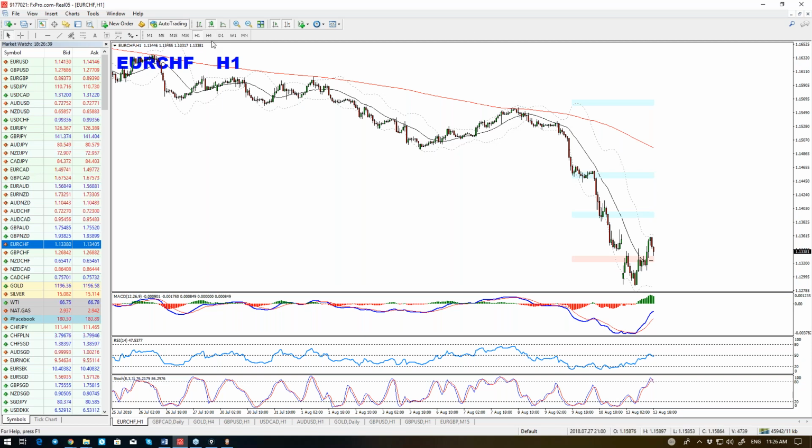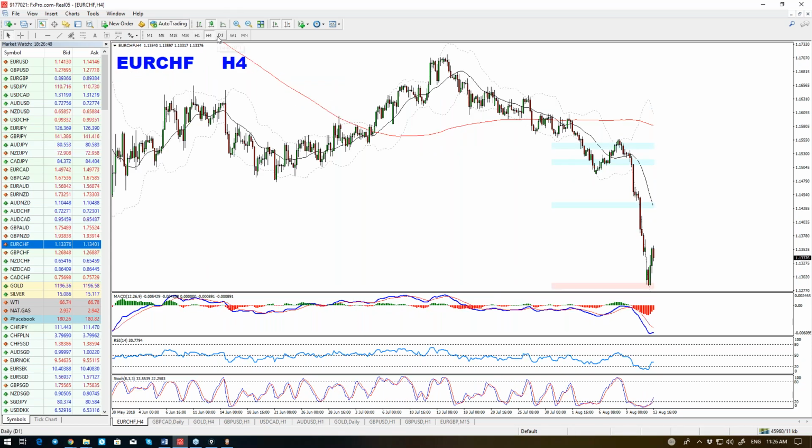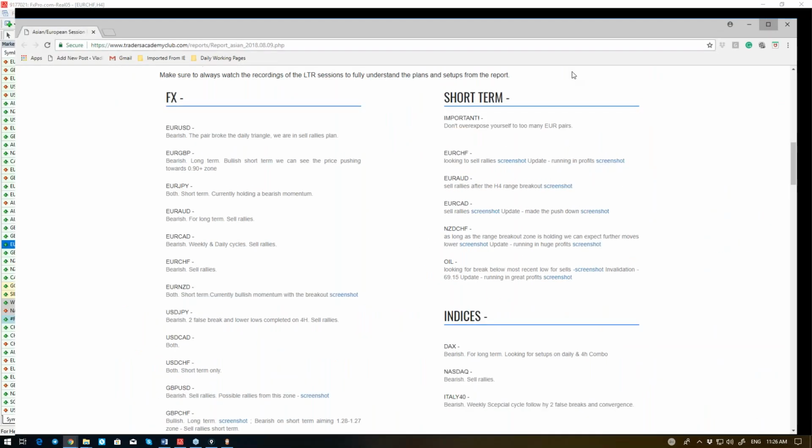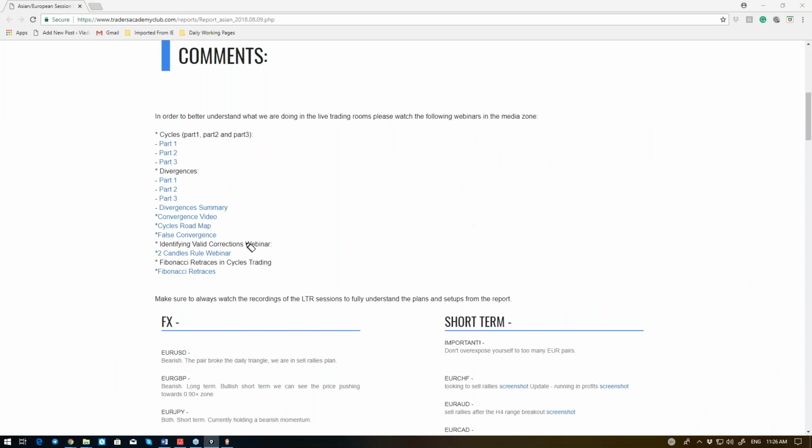Well, with a bearish confirmation, of course, bearish hidden two waves corrections, top of the range, all the beautiful patterns, right? According to the rules. As I said, all the webinars for you guys are here. The main part that you should watch is this, all the cycles and this area. Okay, very, very important.